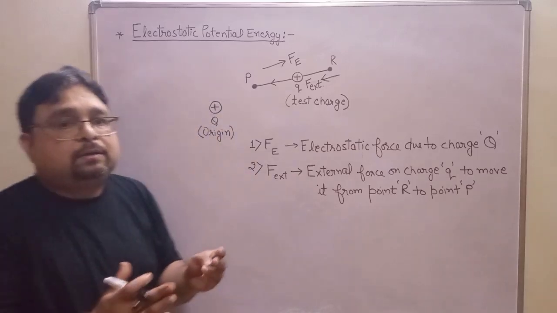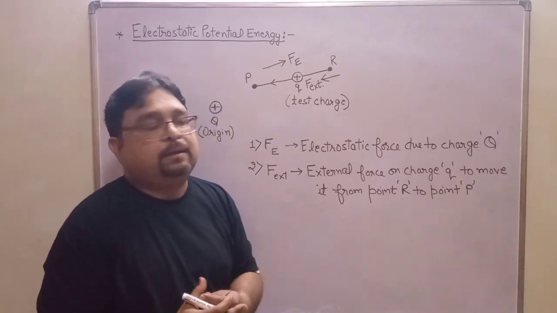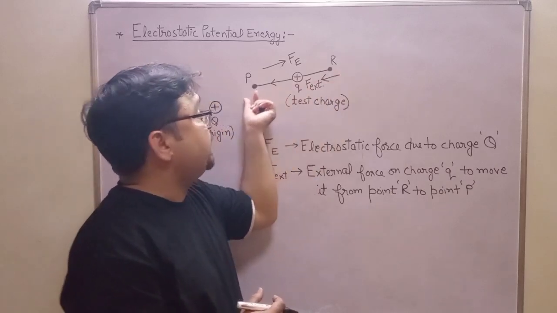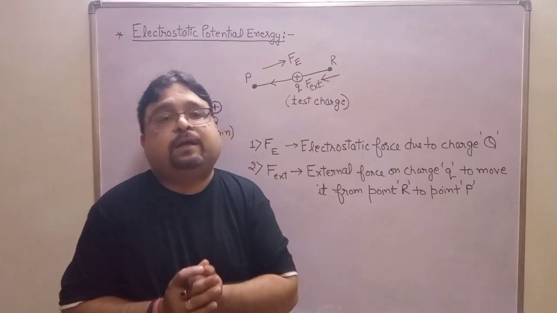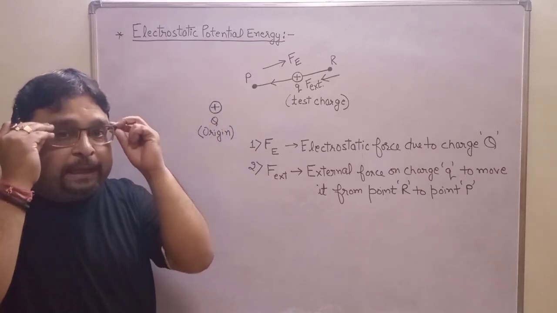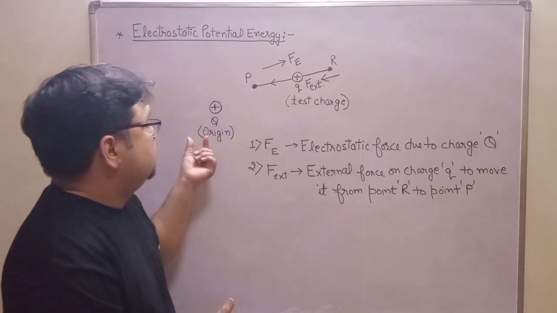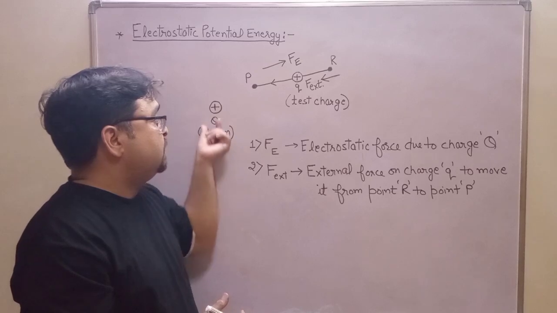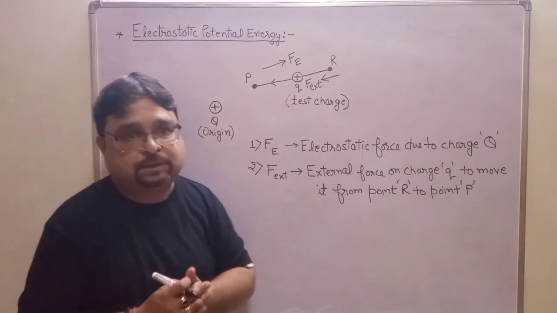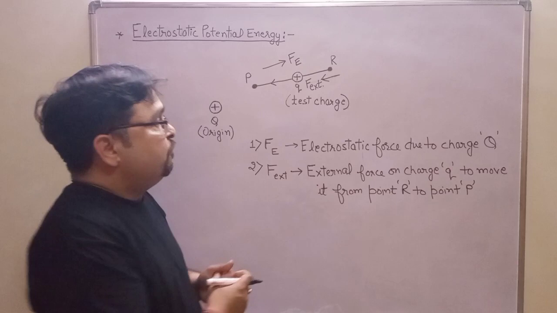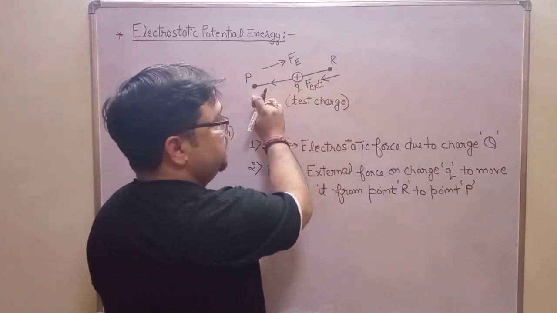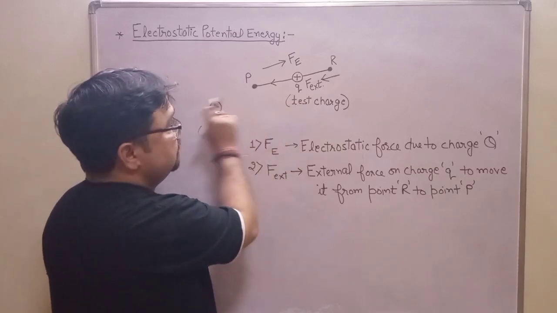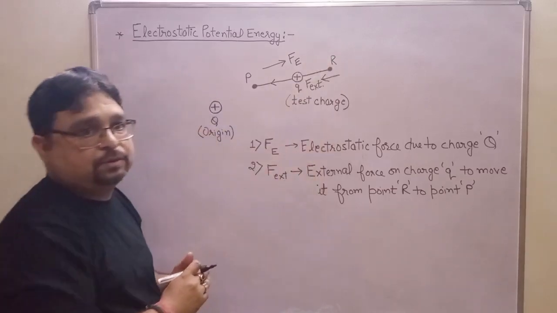Now if you want to calculate the work done in moving test charge from point R to point P, then that work done will be negative of the work done by the force which is due to electric field of positive charge. Because we know when the charge will move from R to P, the displacement of the charge will be in opposite direction to the electrostatic force.